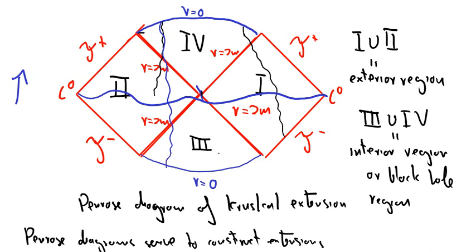If you draw any inextendible causal curve in this picture, you will see that it would always cross the Cauchy hypersurface. So this is a globally hyperbolic space-time. As always, this is not a proof, but the diagram enables us to guess that this is so.